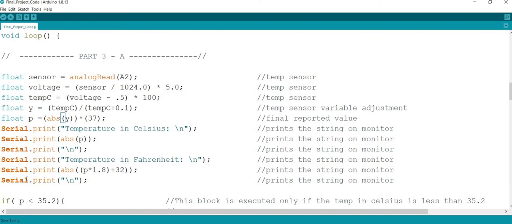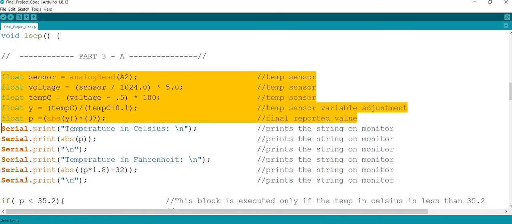So what it does is that it generates temperature measurements which are close to 37 and yet are changing and don't have a high degree of variance. And the next lines are how we are printing the strings on the serial monitor.